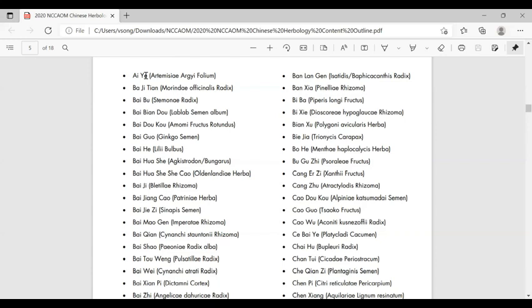白豆蔻 is also able to regulate middle jiao qi. It is also able to warm the middle jiao and stop vomiting. So for a patient who has middle jiao cold, we can use 白豆蔻 to eliminate it.